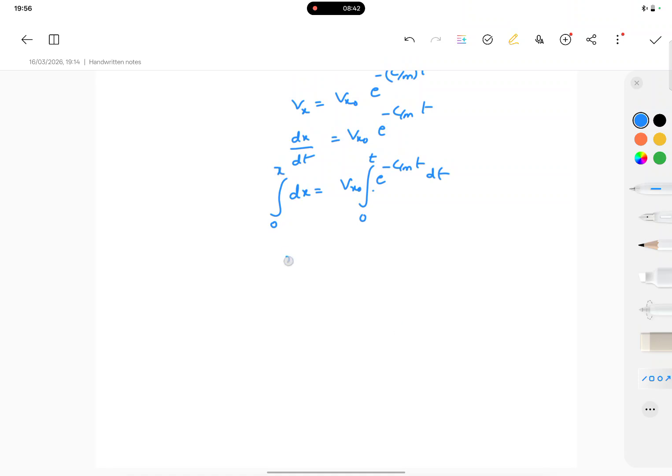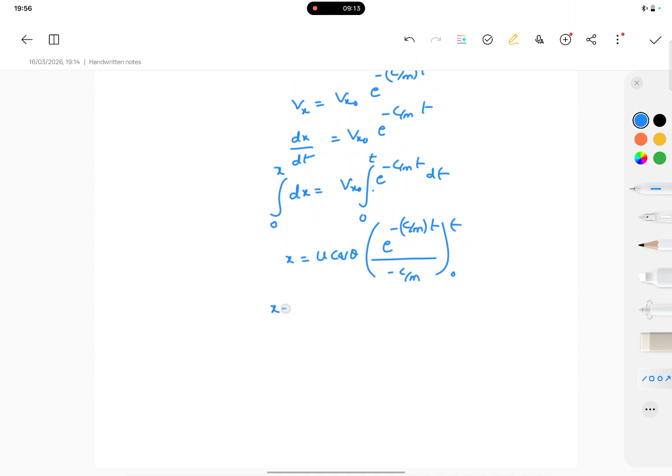Then this can be written as x equal to vx naught, the starting velocity, that is u cos theta, into the integral of e power c by m t, which gives e power c by m t divided by minus c by m, with limits from 0 to t.